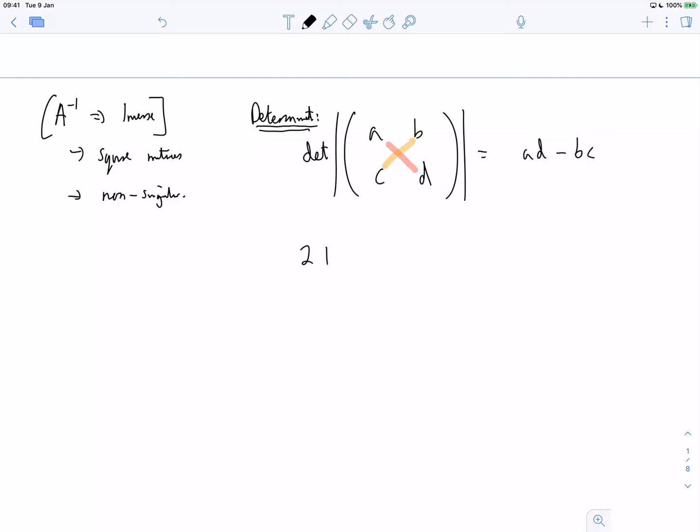So if I had 2, 1, 3, 1, then the determinant of this would be 2 times 1, which is 2, minus 1 times 3, which is 3. 2 minus 3, that's just going to be negative 1.